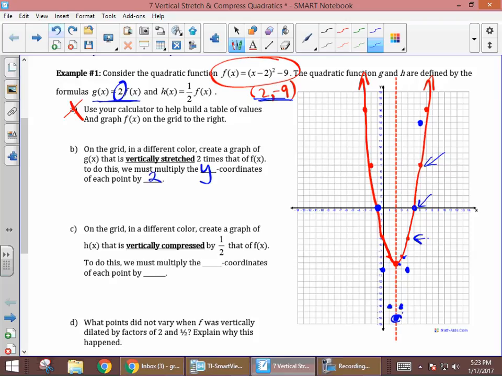All right. So let me erase some of these arrows. Plot the points on the other side. And that would be here. All right. So now I'm going to draw this the best I can.